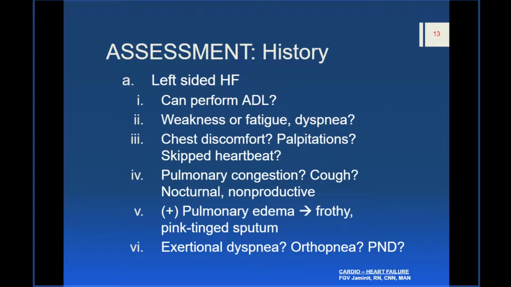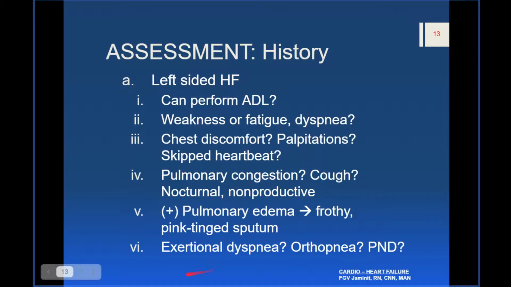When we say frothy sputum, this is actually just like bubbling with more air in it. And check or ask if the sputum is pink-tinged, just like as if there would be rupture of small capillaries in the lungs. That's why there would be presence of pink-tinged sputum. Okay, because these are actually blood.